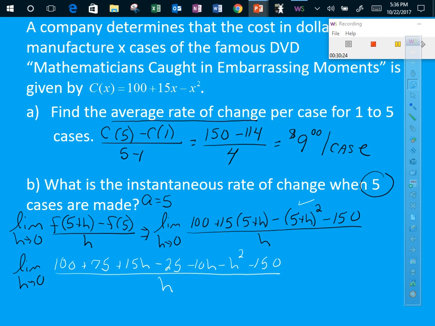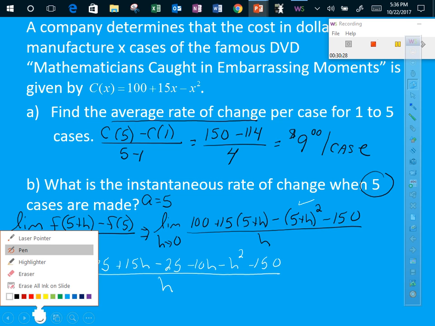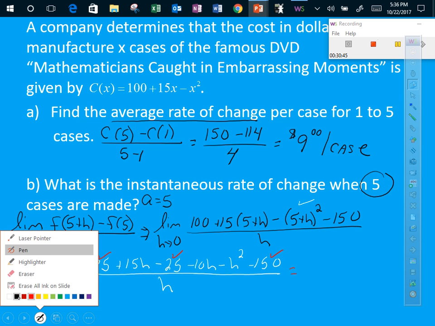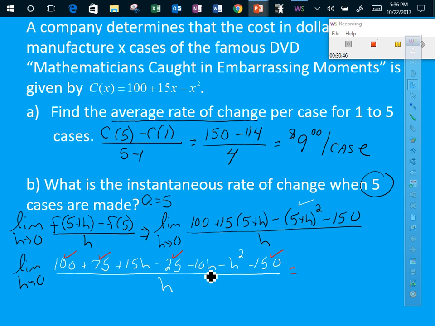Whew, there's a lot there. Now, once again, guys, if it does not have an h in it, it should cancel out. So there's 175. Notice here's negative 175. If I simplify this now, I've got 15h minus 10h, so I've got 5h minus h squared all over h.